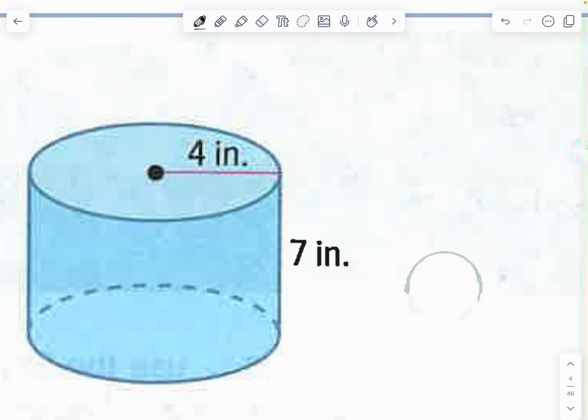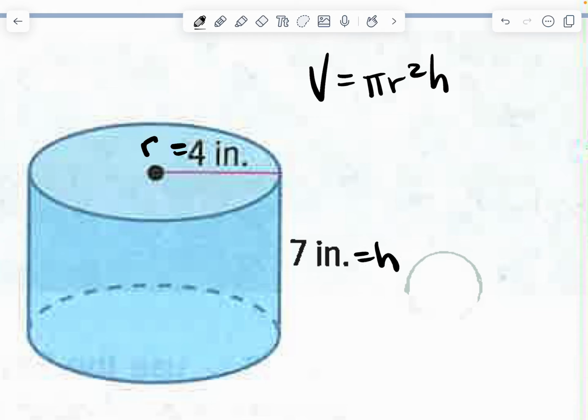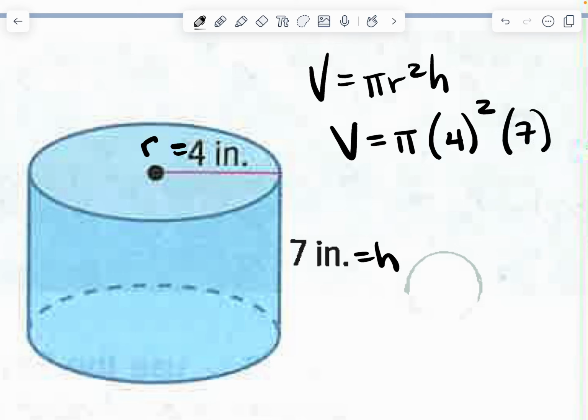and as we look at this, the volume is equal to pi r squared h. So this is my radius, this is my height. I'm going to plug that in. I'm going to replace the r with 4 and square that, and replace the h with 7.